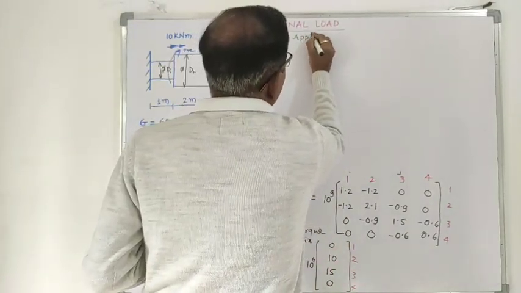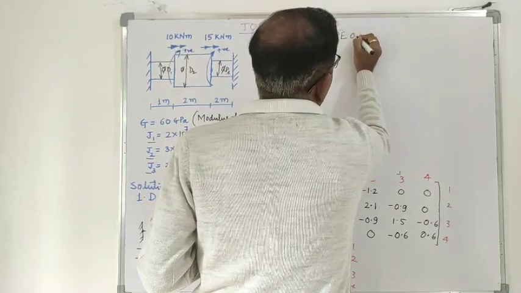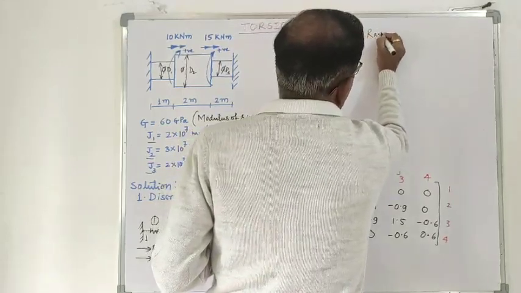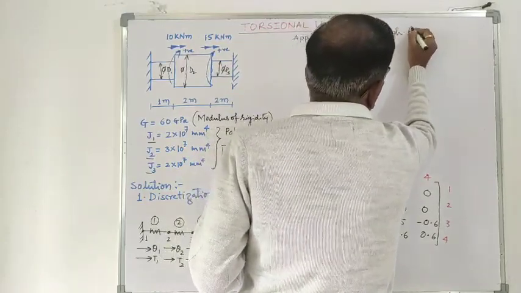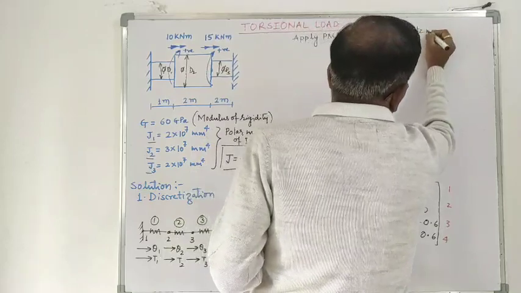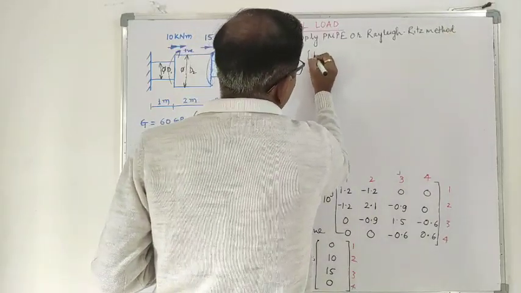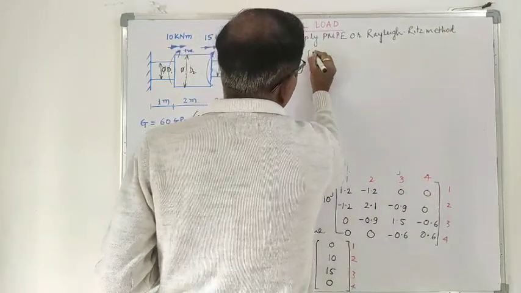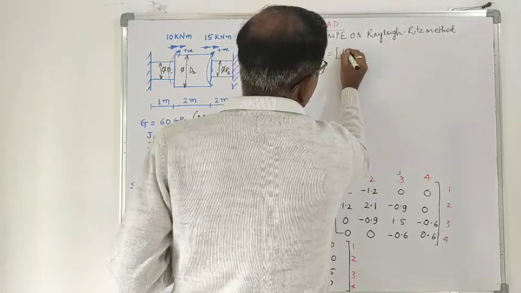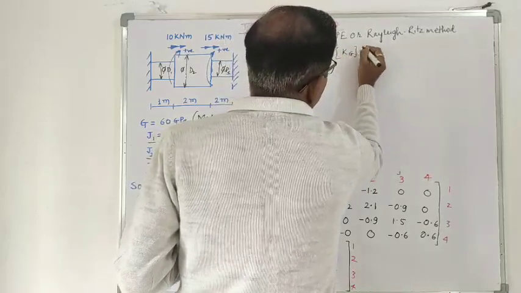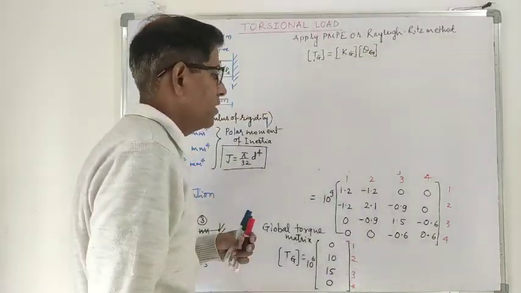So the global torque matrix is equal to the global stiffness matrix multiplied by the global angular displacement matrix.